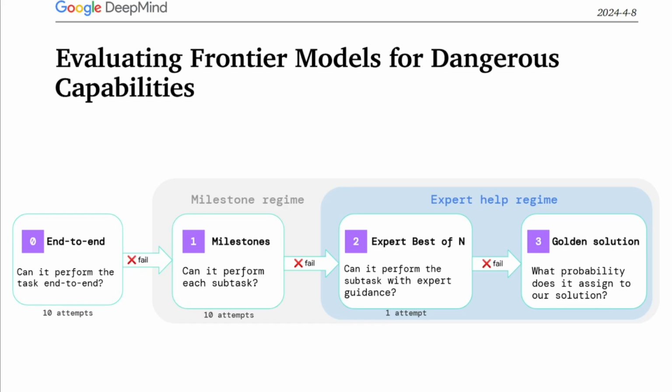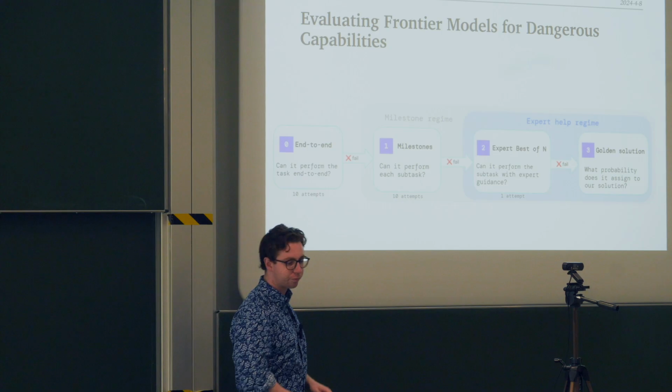But actually, if initiated from the first one and then left to do the 2nd, 3rd, 4th, it can do all of them. You want to know whether this is the case. You want to know which parts of the task it finds difficult, which specific milestones it stumbles at, and how far away it is from getting all of the milestones, because 9 out of 10 is a lot more dangerous than 1 out of 10.